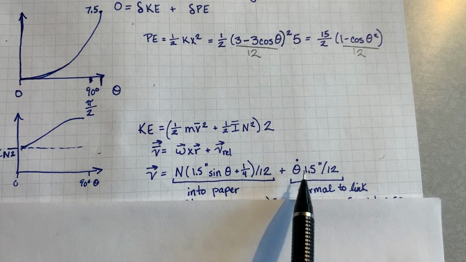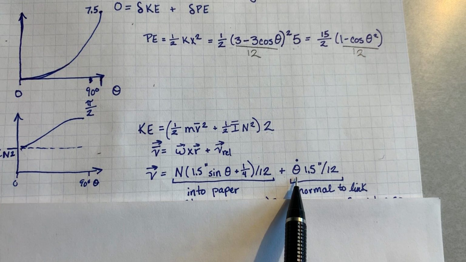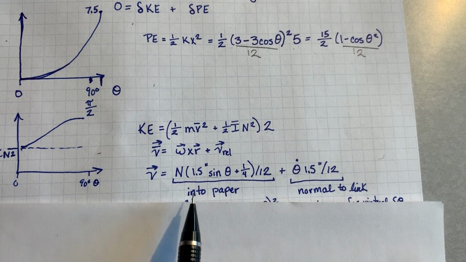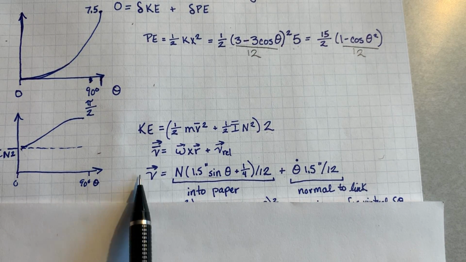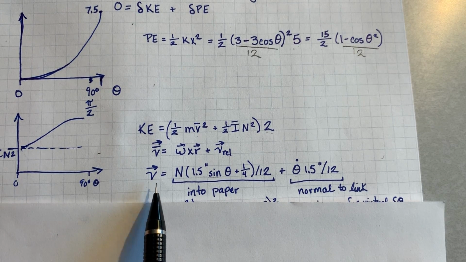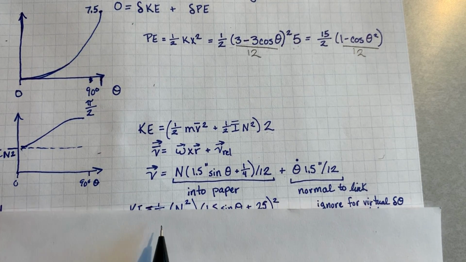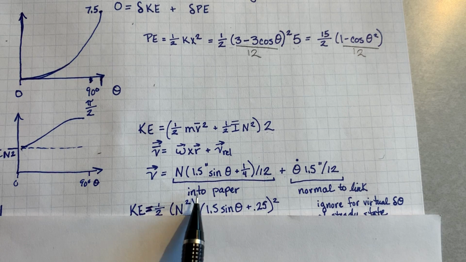It's not going to be wiggling around. So we're looking for an equilibrium point where theta dot is 0. If you thought about how fast this block was going, this would be into the paper. And so this is the one we're going to use.